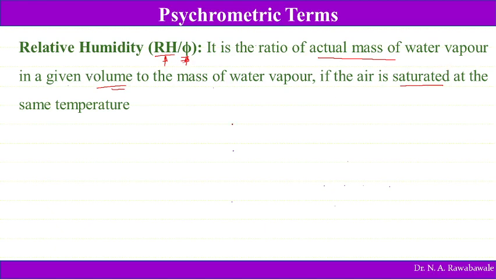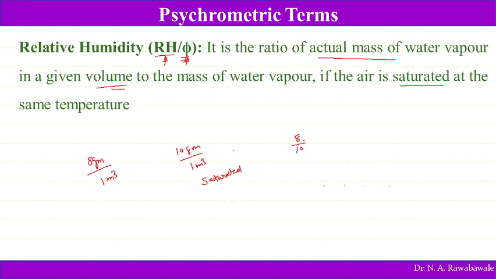So, for example, 8 grams is present in 1 meter cube of air, and it has the capacity to hold 10 grams in 1 meter cube if it is saturated. Presently it is not saturated. So 8 grams per meter cube over 10 grams per meter cube. 8 divided by 10 is the humidity ratio.